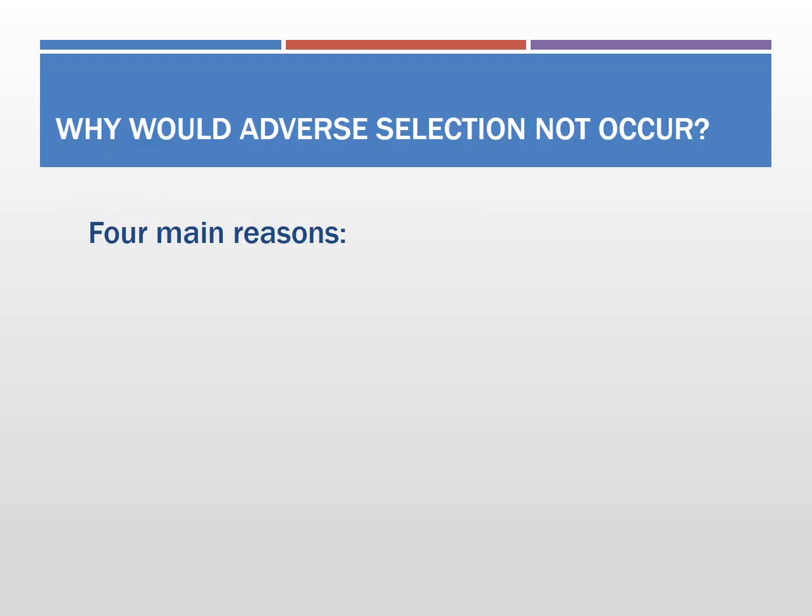So after looking at the evidence of adverse selection in different insurance markets, and I would also suggest you read the textbook, there are 4 main reasons that help to explain why adverse selection might not occur in an insurance market.